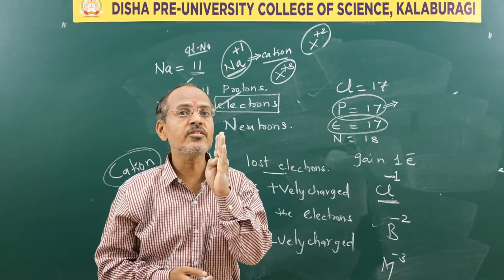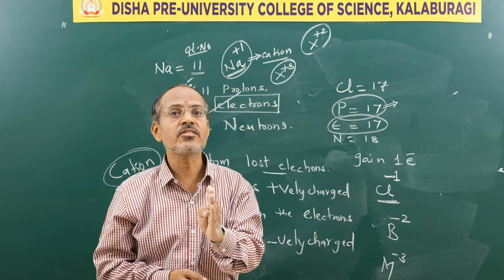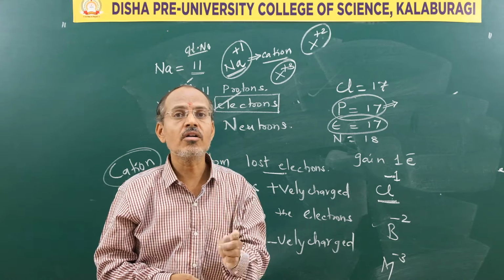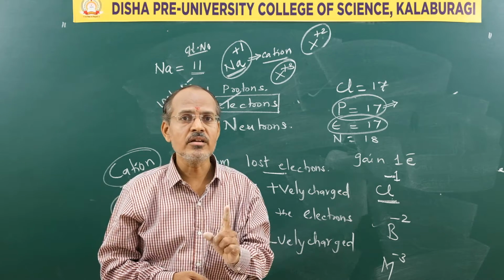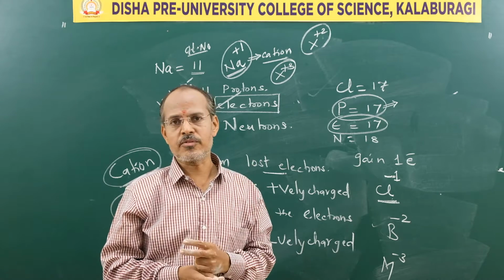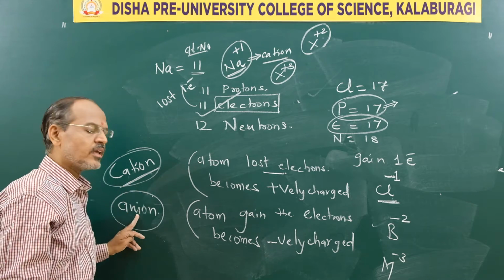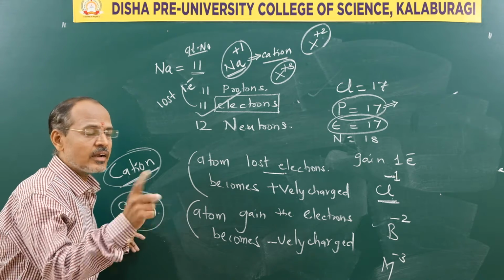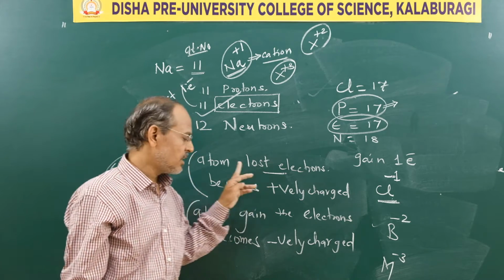That electrically charged species is called an ion. Cation is formed after losing electrons.